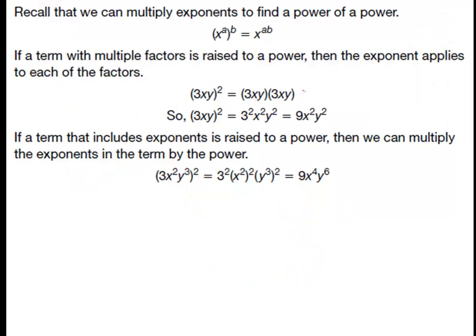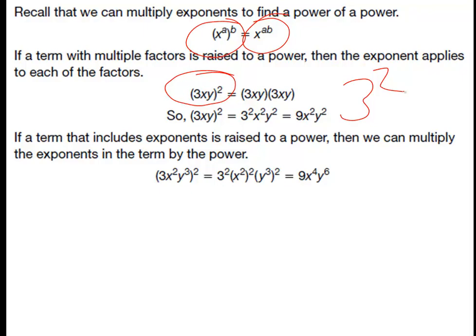Okay, so you'll recall that when we have an exponent on a term in parentheses, it means multiplying the term by itself. Like if we had 3 squared, we know that would be 3 times 3. So (3xy) squared is 3xy times 3xy.